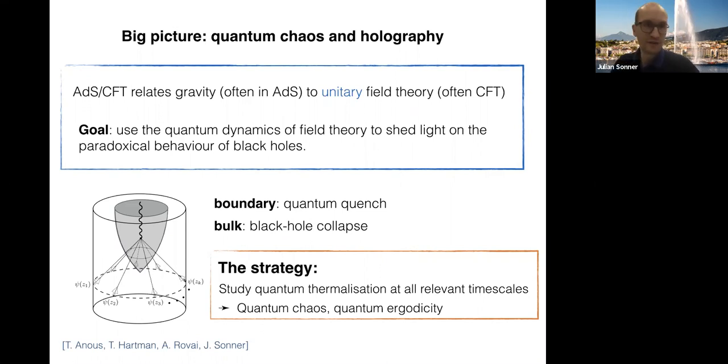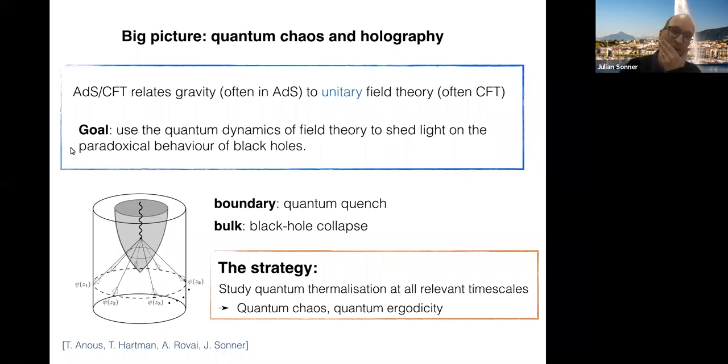And so one of the goals one might have is that one uses the dynamics of this quantum field theory, which is, after all, a mathematical structure that we are much more comfortable with than full quantum gravity, to shed light on, in particular, the paradoxical behavior of black holes, or more generally, to understand interesting aspects of quantum gravity.